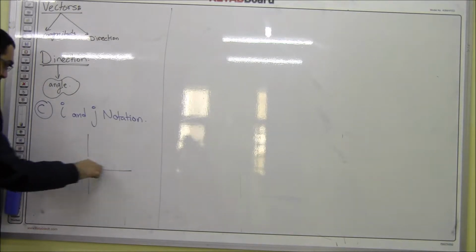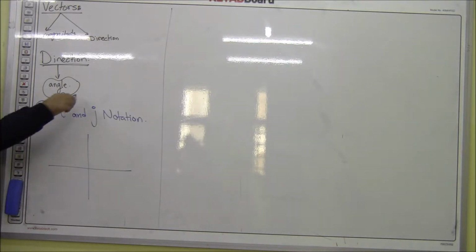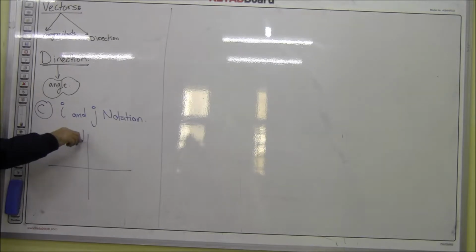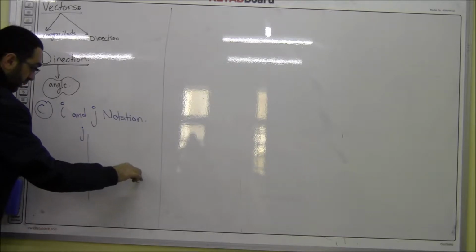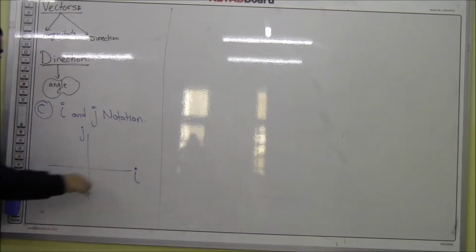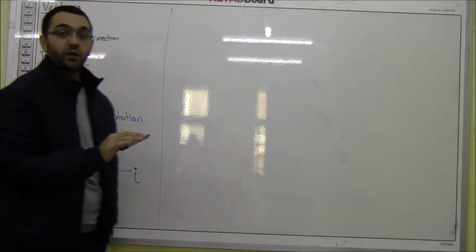Let's say these are the axes, y and x. Any unit along the x-axis is I, and any unit along the y-axis is J. This is the consideration, right?